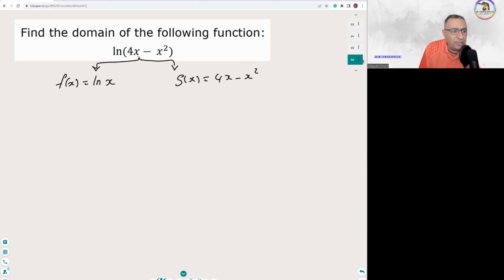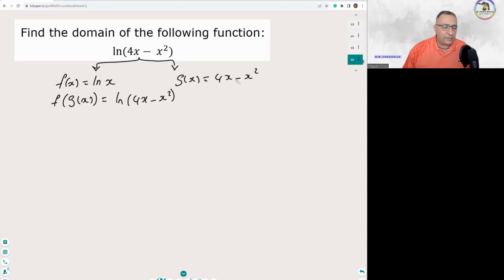Then f of g of x as a composite means you replace each x by the expression of g. So it's going to be ln of 4x minus x squared, and this is what we need to find the domain for.